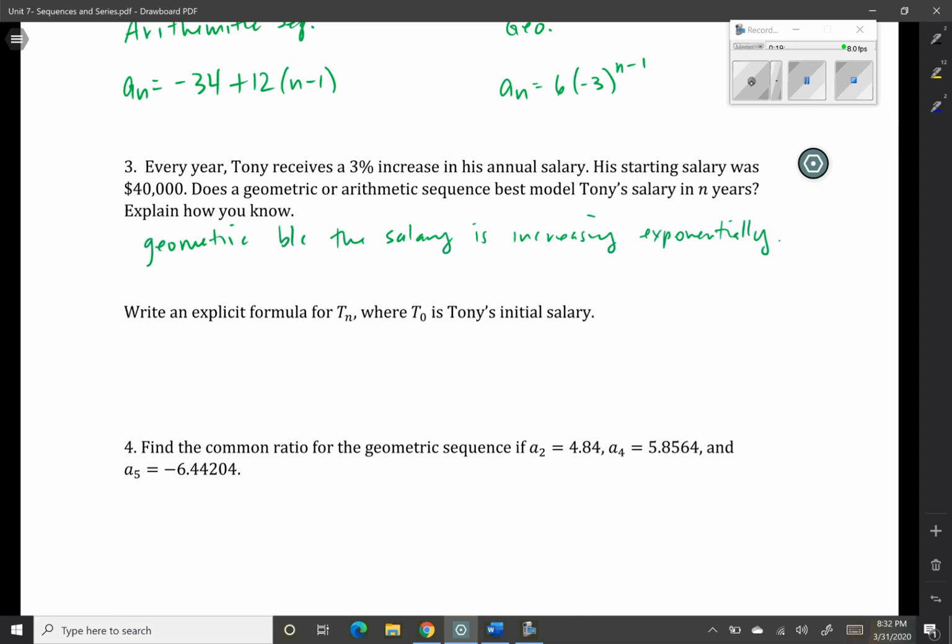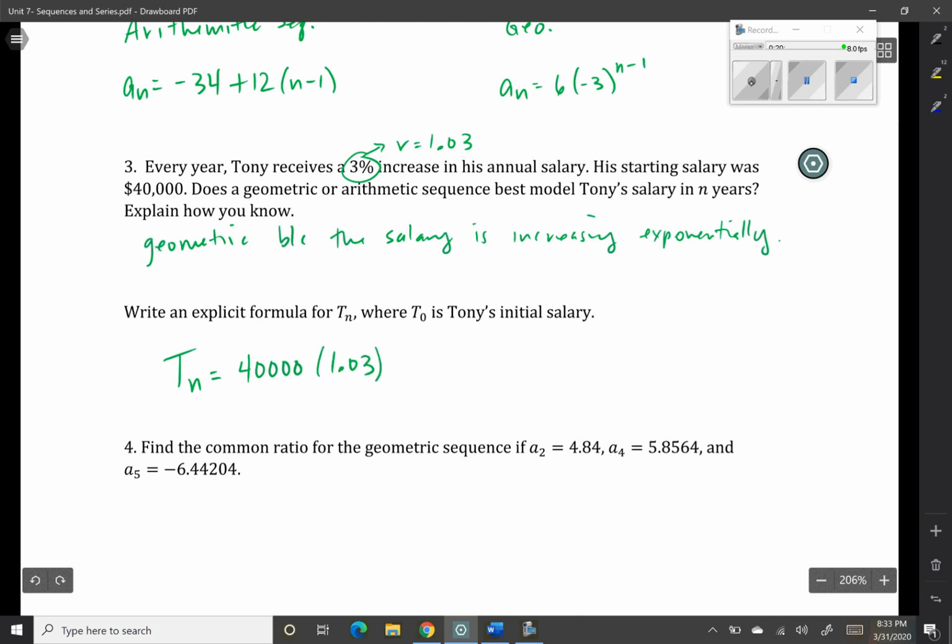Since we want to increase by 3%, the common ratio is 1.03. That's what I'm going to multiply every single year to his previous year's salary to get his new salary. So if we want to write an explicit formula for Tony's salary, we would say T sub n is equal to his initial salary of $40,000 times 1.03, that's the common ratio.